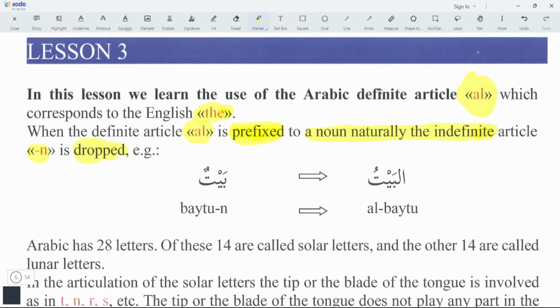Alif and lam we use with an indefinite noun. If it is an indefinite noun, then we can use alif and lam. If the noun is definite or marifa, then we don't need to use this alif and lam. This alif and lam is the particle of definiteness.